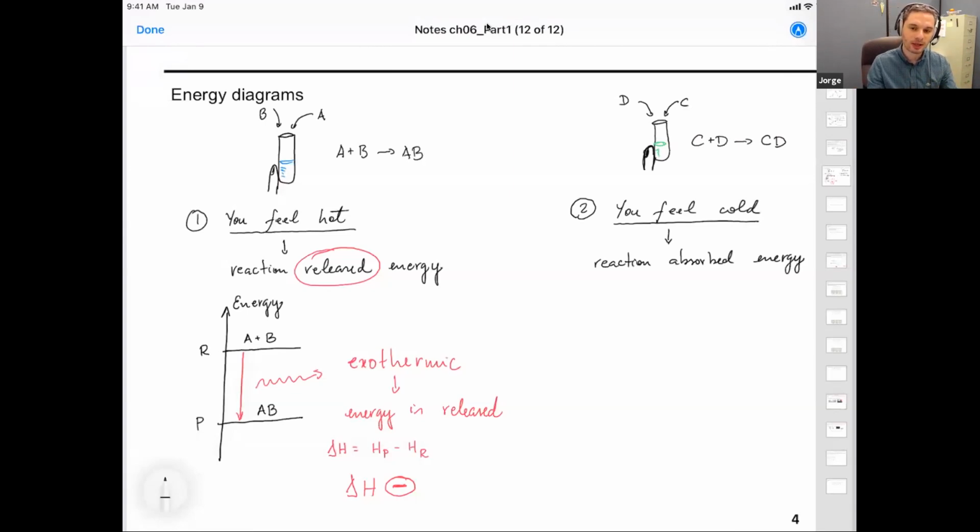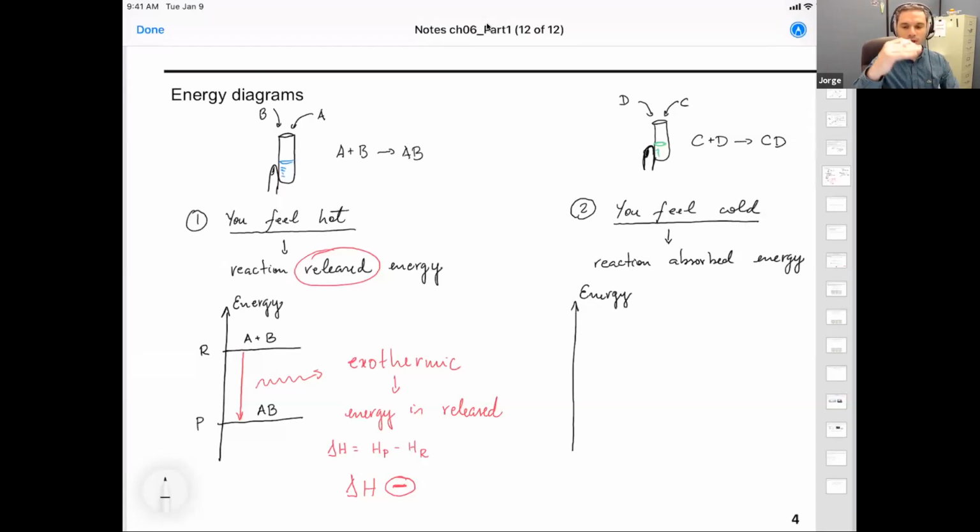And here is the same thing. Let's draw the energy diagram and let's try to figure out if delta H is positive or negative. So I'm going to do the same thing that we did before. An energy diagram has the y-axis labeled as energy, and we are going to draw reagents and products using a horizontal line.